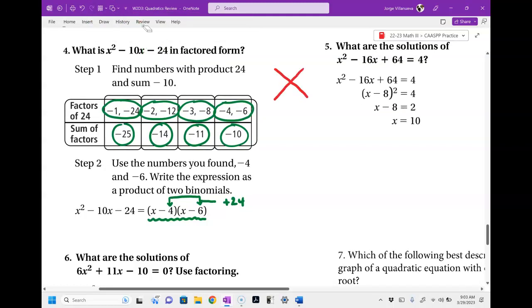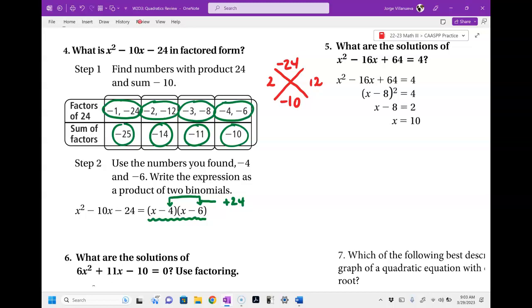All right. We know that it has to multiply to negative 24 and it has to add up to negative 10. What two numbers can I use that multiply to negative 24 and add up to negative 10? And we already know we can't use 6 and 4. Anything else? Which one has to be negative?